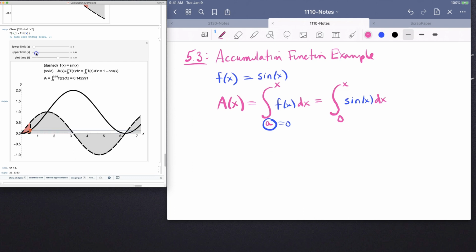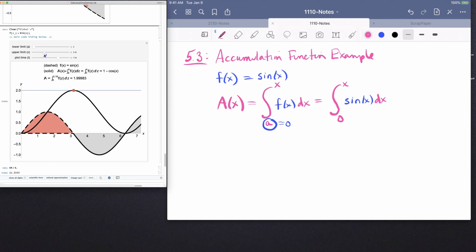So as the number x increases, x is the variable, so here x is equal to 1.1, x is equal to 1.8, x is equal to 2.6. You can see that we are accumulating area, and as x gets bigger and bigger, that is why on the accumulation function, which is the solid line, the red dot keeps going up and up and up.